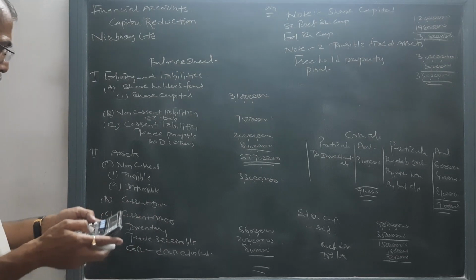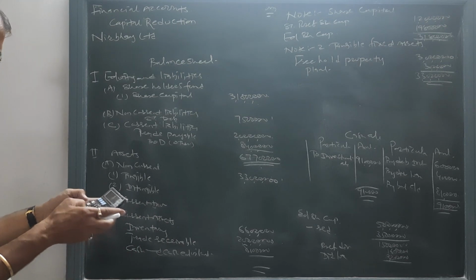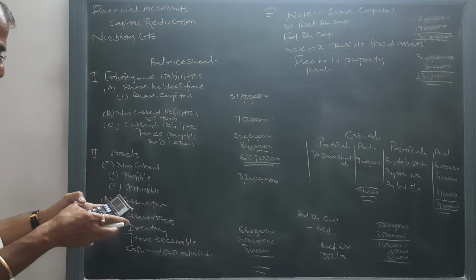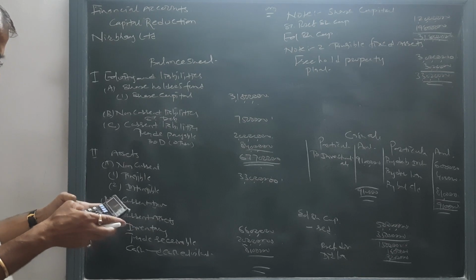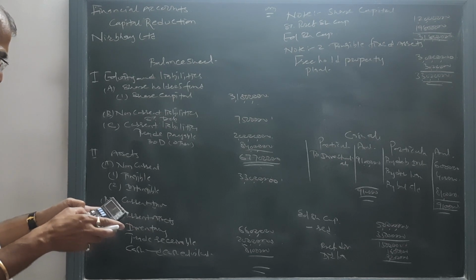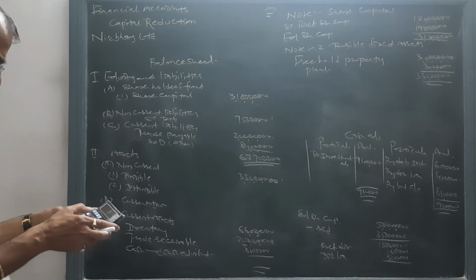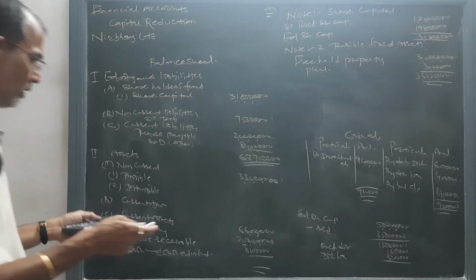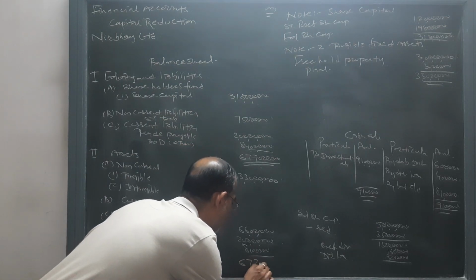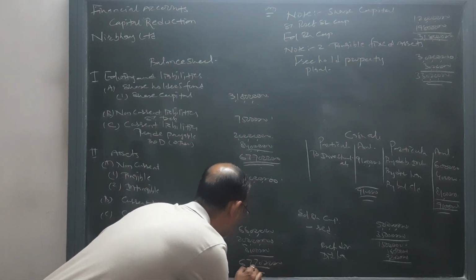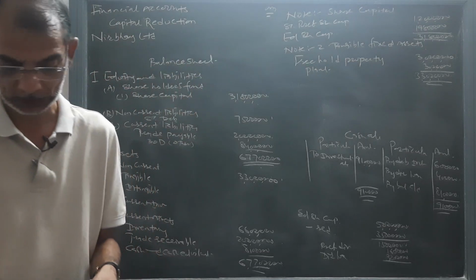Now when we come to assets, 3 crore 30 lakh, 66 lakh, 2 crore and 80 lakh, 6 crore 70 lakh, 7 lakh.